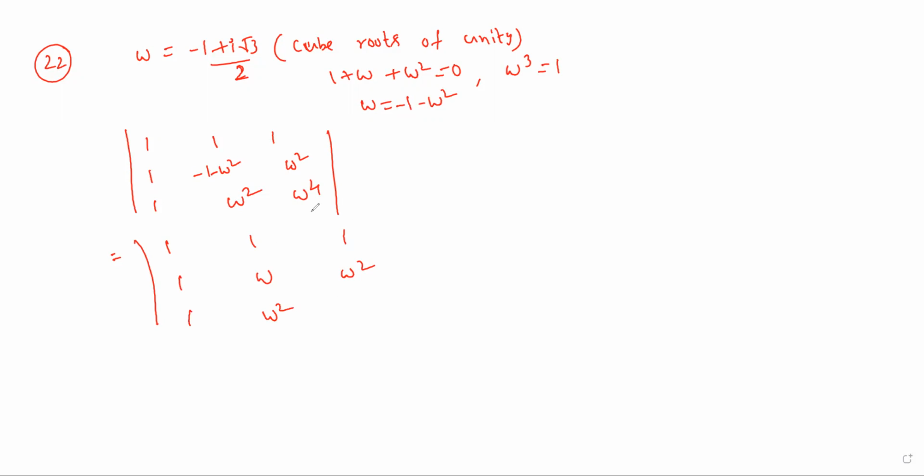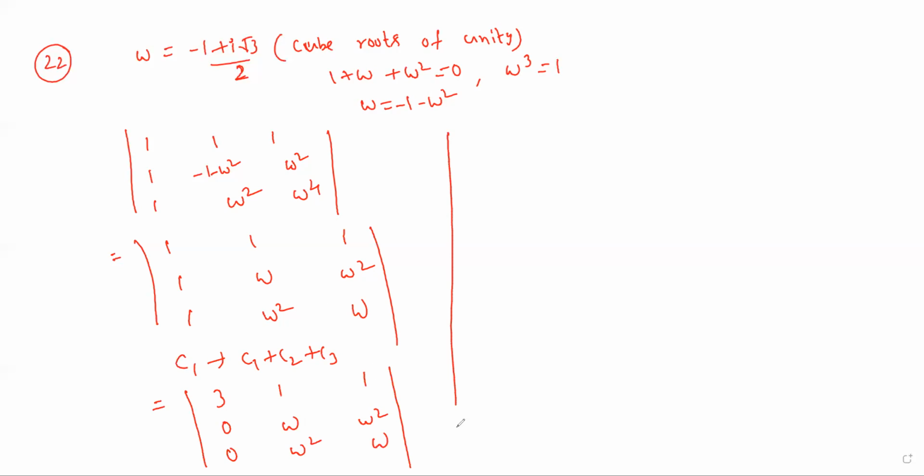Omega power 4 we can write as omega cube into omega, and omega cube is already 1, so it is omega. I'll apply C1 tends to C1 plus C2 plus C3 by adding all columns. What here? 3. 1 plus omega square plus omega, what will you get? 0. Remaining 1, omega square; 1, omega square, omega.